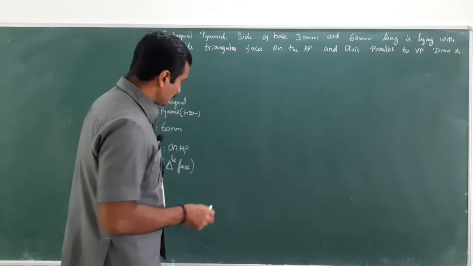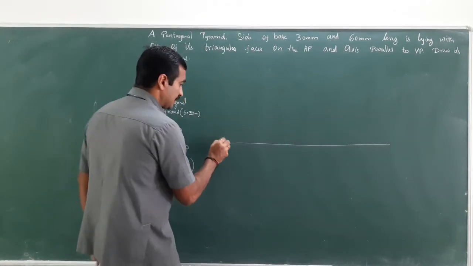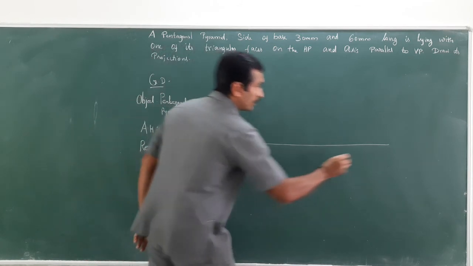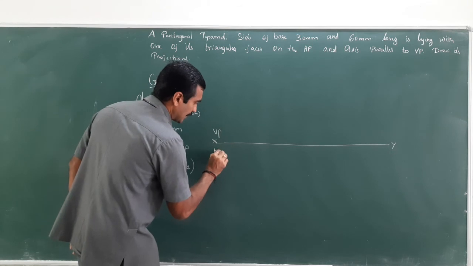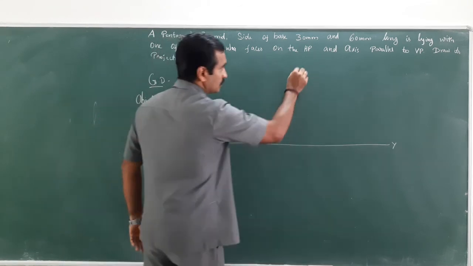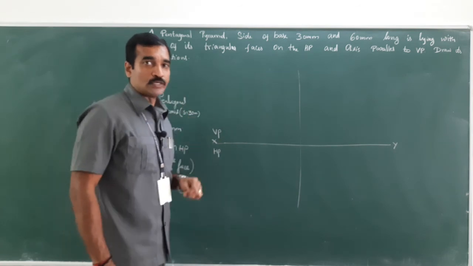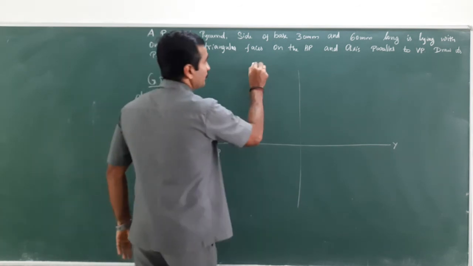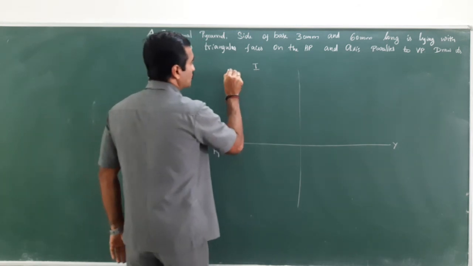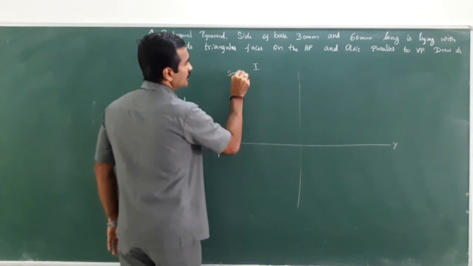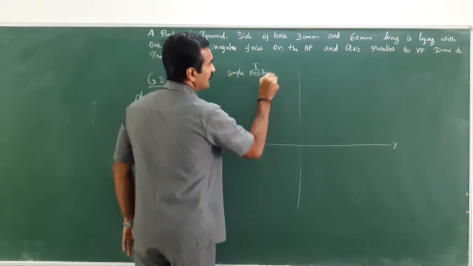Let me just draw the XY line. This is a horizontal line, that is nothing but the reference line. Above XY is VP and below is HP. So as far as projections of solid is concerned, it is being divided into two stages. Stage 1 is for the simple position or simple resting.